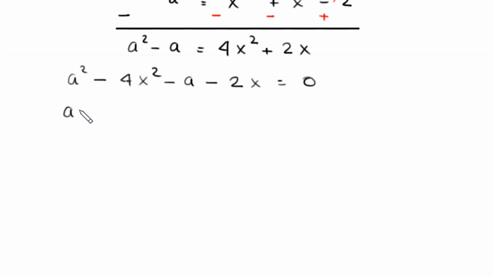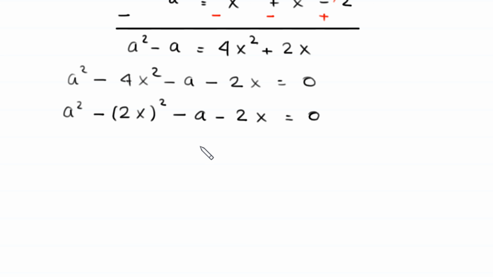Next, a squared minus 4x squared can be written as a squared minus (2x) squared, minus a minus 2x equals 0.